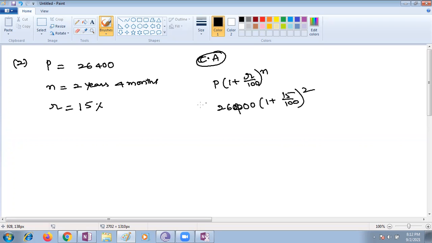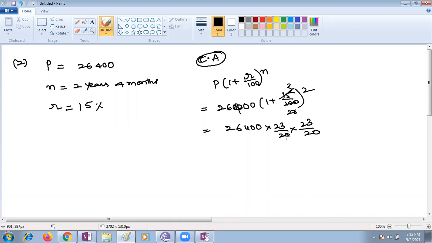For 2 years only you are supposed to calculate with the compound interest formula, and the 4 months we handle separately. Now 26,400 is simplified: 23 by 20, 23 by 20, 2 times.